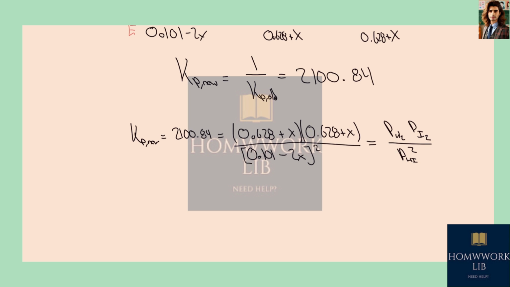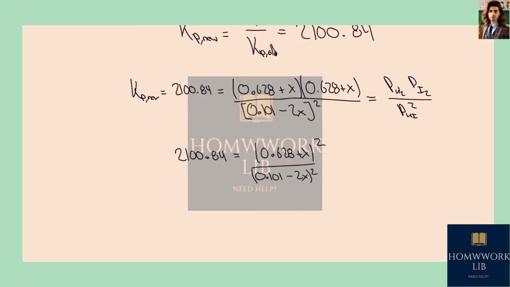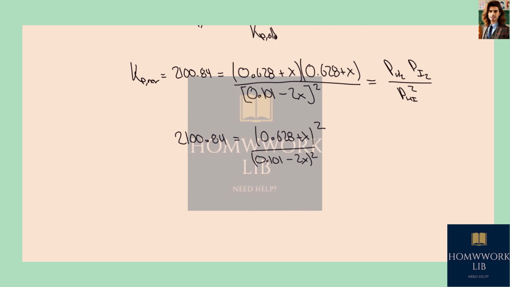So, as you can see, we're going to have a quadratic expression in x. We know that the value for x is not going to be small compared to the initial concentration, so we're going to need to solve the full relation. So over here, just to make the expression a little bit simpler, 2100.84 will be equal to (0.628 plus x) squared divided by (0.101 minus 2x) squared. So over here, what we can do is a trick in which we're going to take the square root on both sides of the equation.